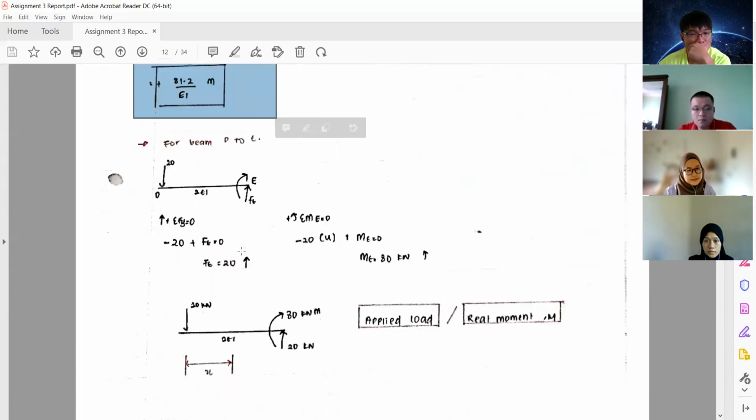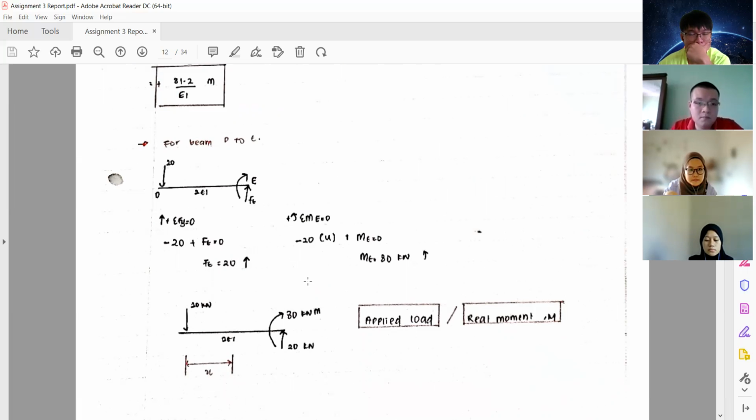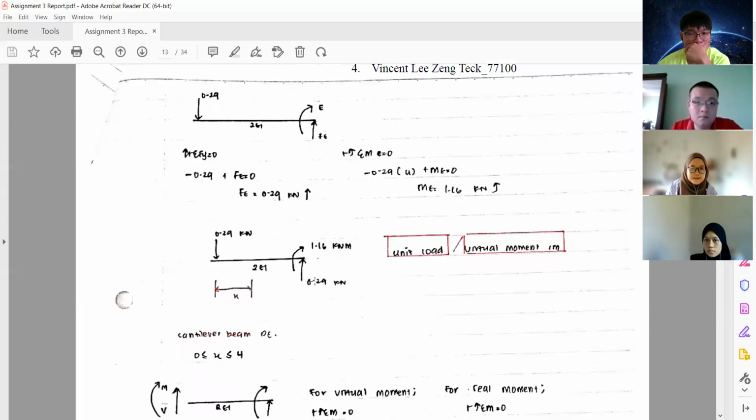For section 2, from D to E, I determined the reaction at D and also the moment at E. Then, as usual, we apply the 1 kilonewton load, and the new virtual reaction at E is 0.29 and the moment at E is 1.16.